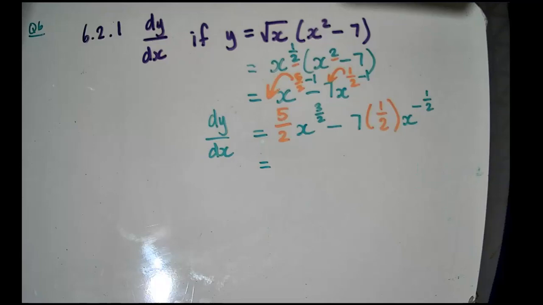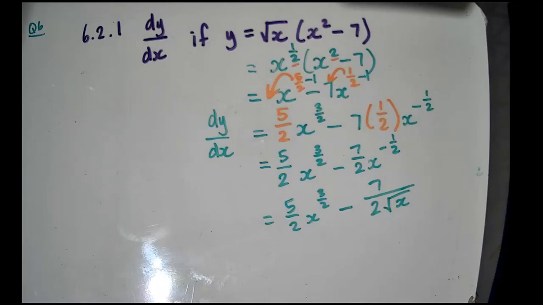I can now simplify this to make it look nicer. Minus 7 over 2, x to the minus half, and writing the negative half like a positive exponent, it would be this. Right, remember that x to the half is the square root of x, and then I have to push it down to make it look positive.